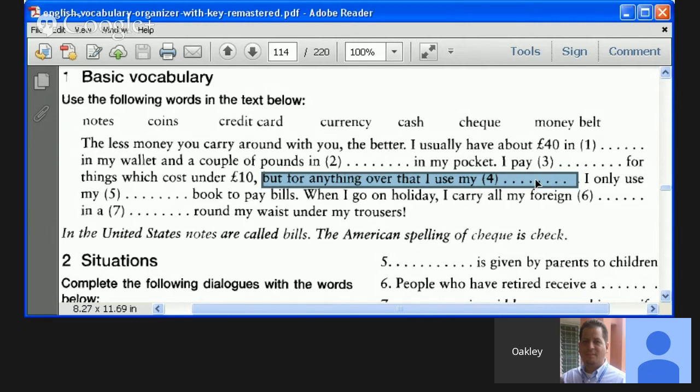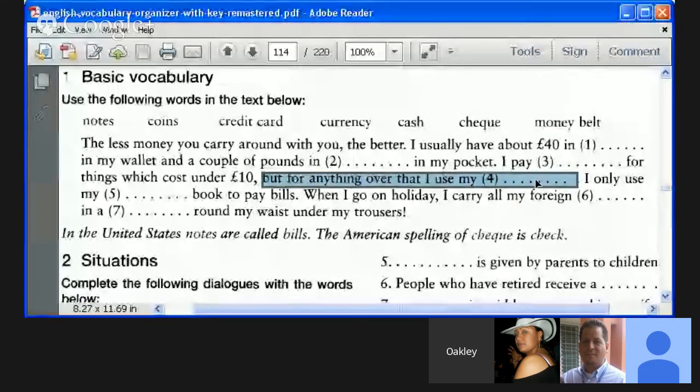What's the difference between a credit card and a debit card, Carvalho? Debit card you pay in, I don't know how to say, in one... you must have funds.